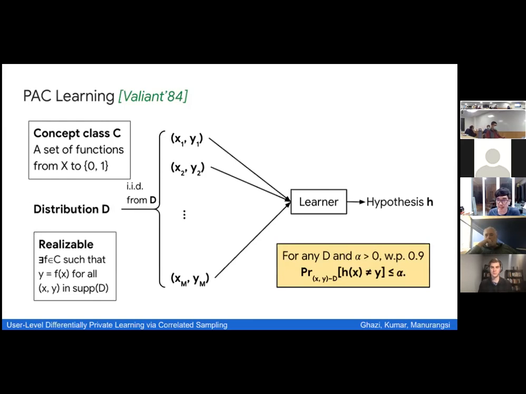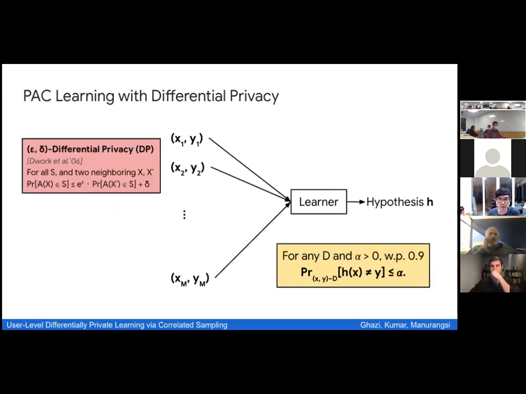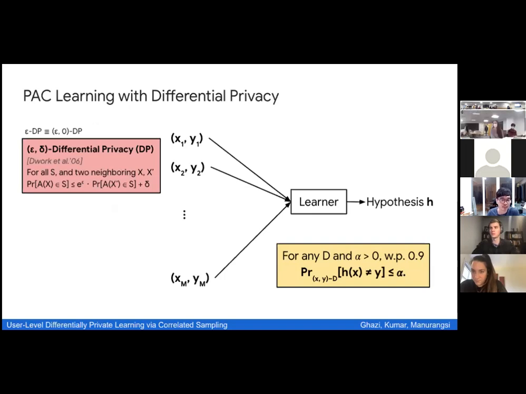And of course, this is a privacy seminar, so we want to do this with differential privacy. As you all know, in differential privacy, we want our output distribution on neighboring datasets x and x prime to be similar, and this is parameterized by two parameters, epsilon and delta. The smaller they are, the more private our algorithm is. And as usual, we write epsilon-DP as shorthand for (epsilon, 0)-DP.